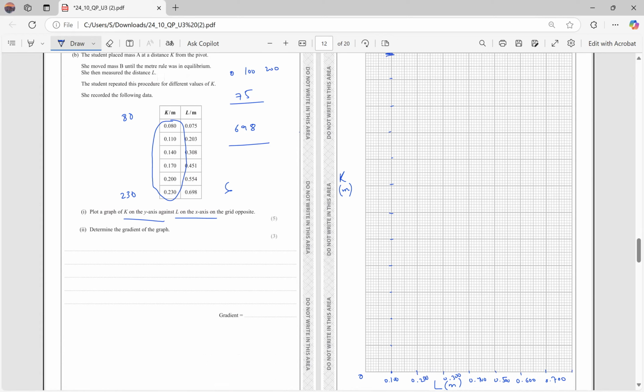If we use 50, then we'll reach 230 in 5 values because 5, 10, 15, 20, 25. So our scale would end somewhere here. We would be able to plot the graph, but we would be using less than half of the graph paper, which will cause you to lose a mark. So we choose a shorter scale.